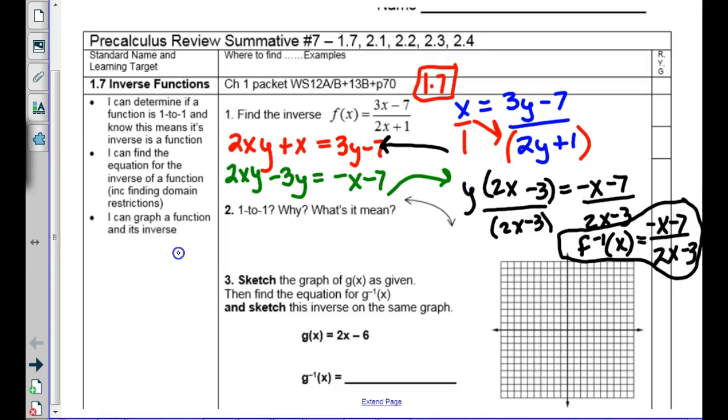All right, what does it mean for a function to be one-to-one? Okay. Horizontal line test and vertical line test. And what does that mean that it's one-to-one? For a function to be one-to-one like this would mean what? Oh, whoa. We were supposed to be talking about this guy right here.